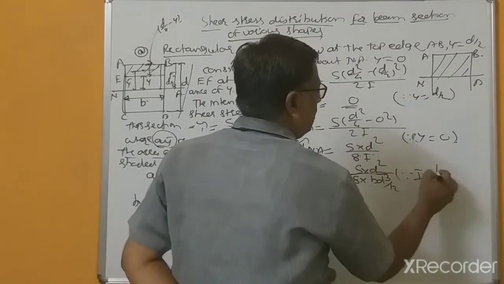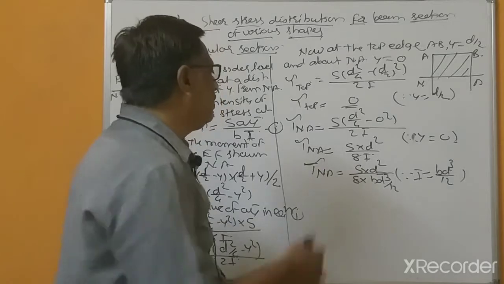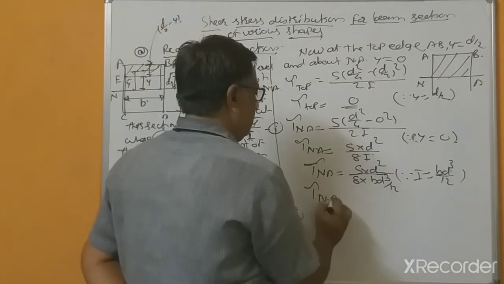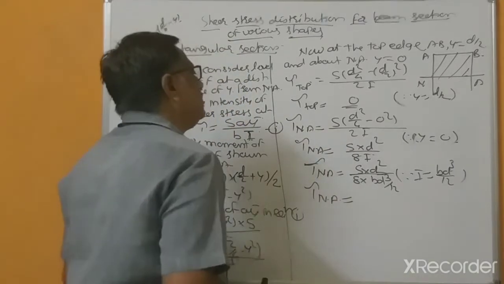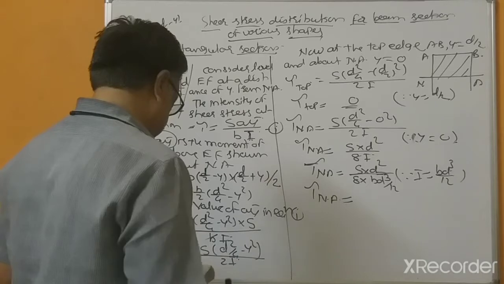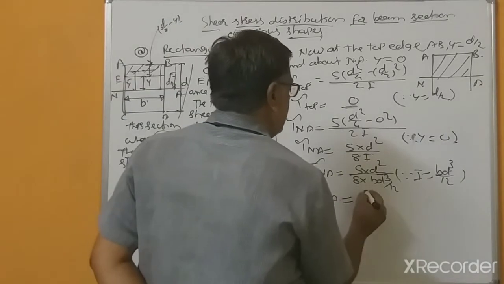I equal to B D cube divided by 12 is for rectangular sections. So that's why this is equal to 3 by 2.